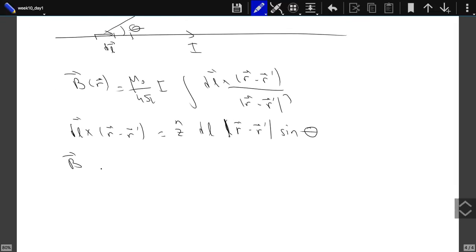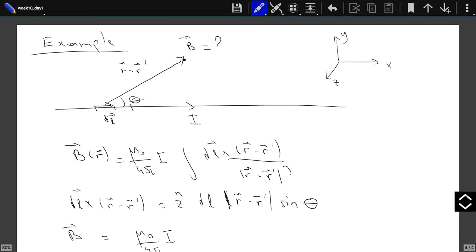So the magnetic field, the B field, we can write as mu 0 over 4 pi I. Well, note that whichever segment you can imagine, whether here, here, or here, dl cross r minus r prime is always in the z direction. So the magnetic induction at that point will be out of the screen in the plus z direction.